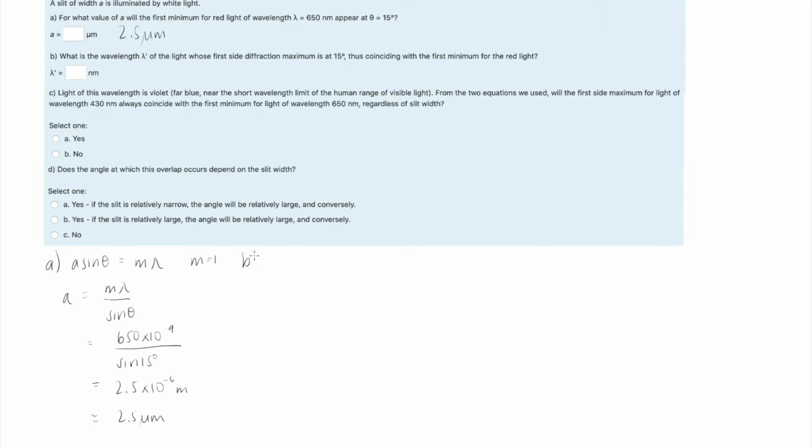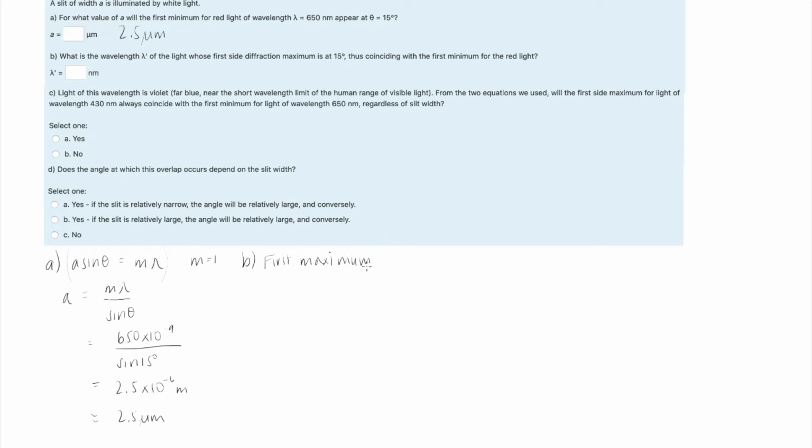Part B. What is the wavelength, lambda prime, of the light whose first side diffraction maximum is at 15 degrees, thus coinciding with the first minimum for the red light? Okay, so if this equation here describes where the first minimum is going to be, the first maximum, remember, is roughly in between minima.